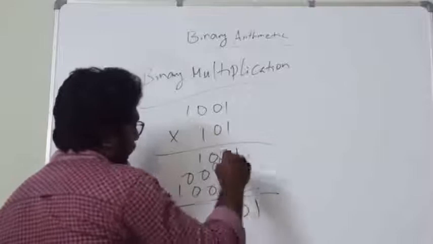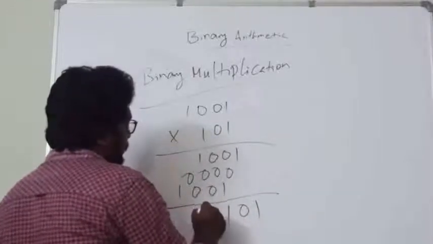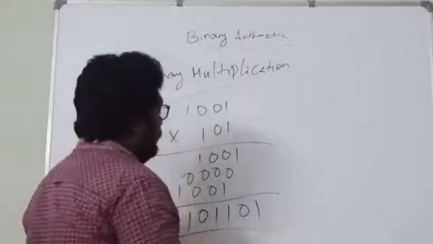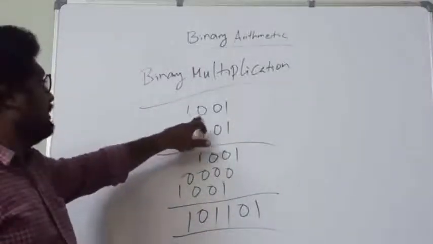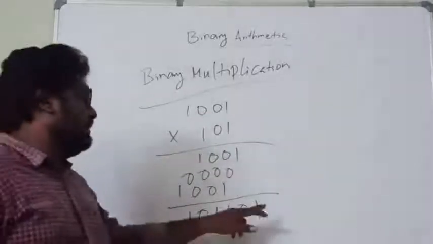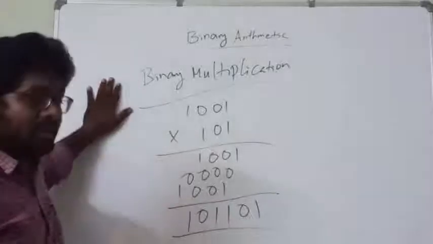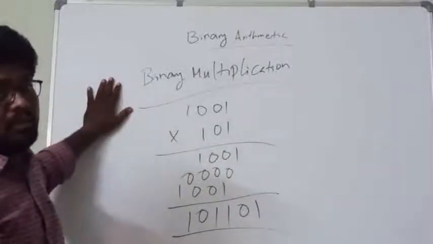On adding all these numbers, 1, 0, 0, 1, 1, 0, 1. So the final resultant for the multiplication of 1 0 0 1 and 101 is 101101. This binary multiplication is nothing but as we are performing the normal multiplication with the decimal numbers.